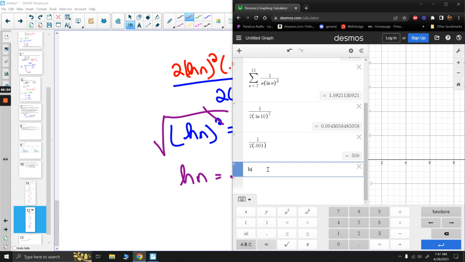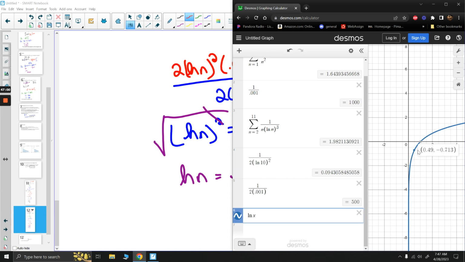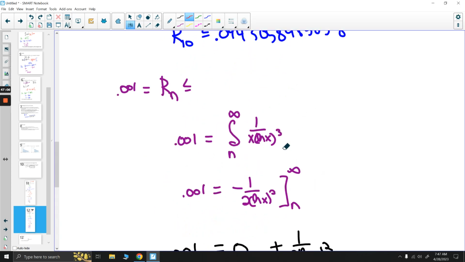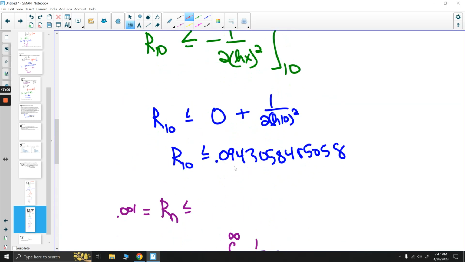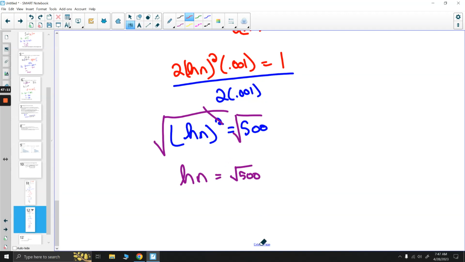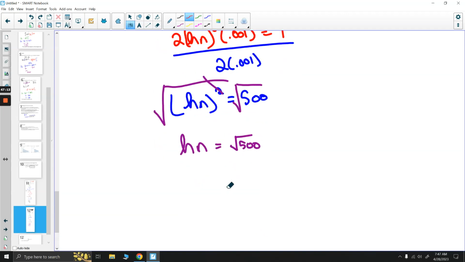Let's just see ln x. Okay, so they can be negative, but notice that our n would have to be less than 1, and for us, our n is obviously greater than 1. It's 2 and onwards, so it's not possible for our problem, so that's why we don't need it. They just won't ever be negative on the interval we care about. So it's only positive.